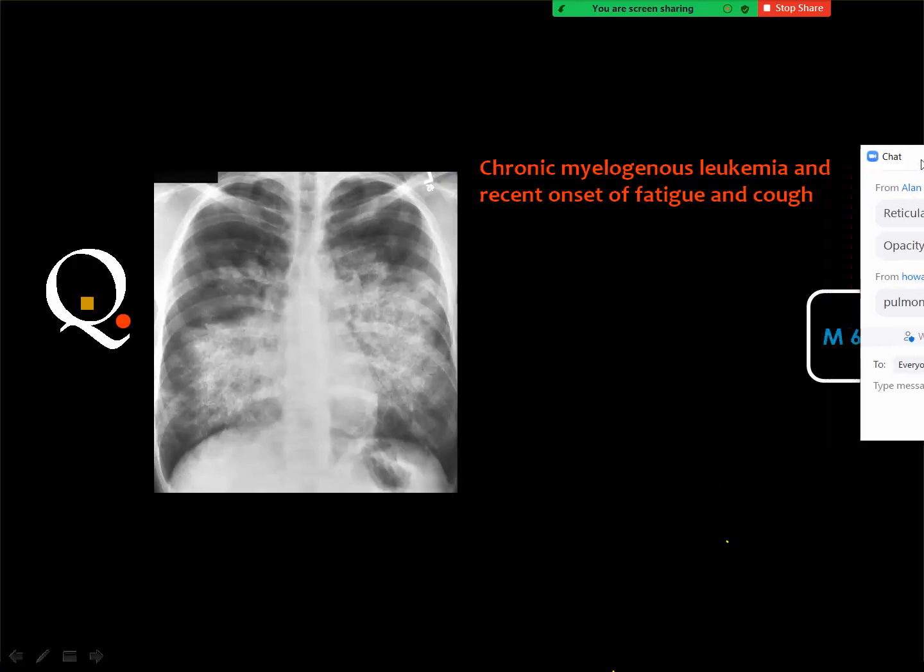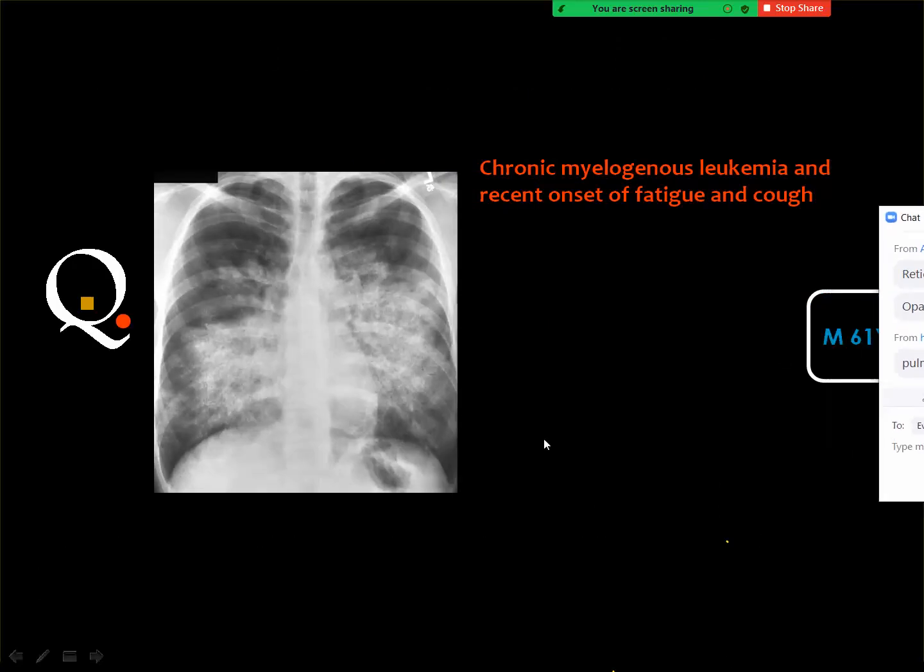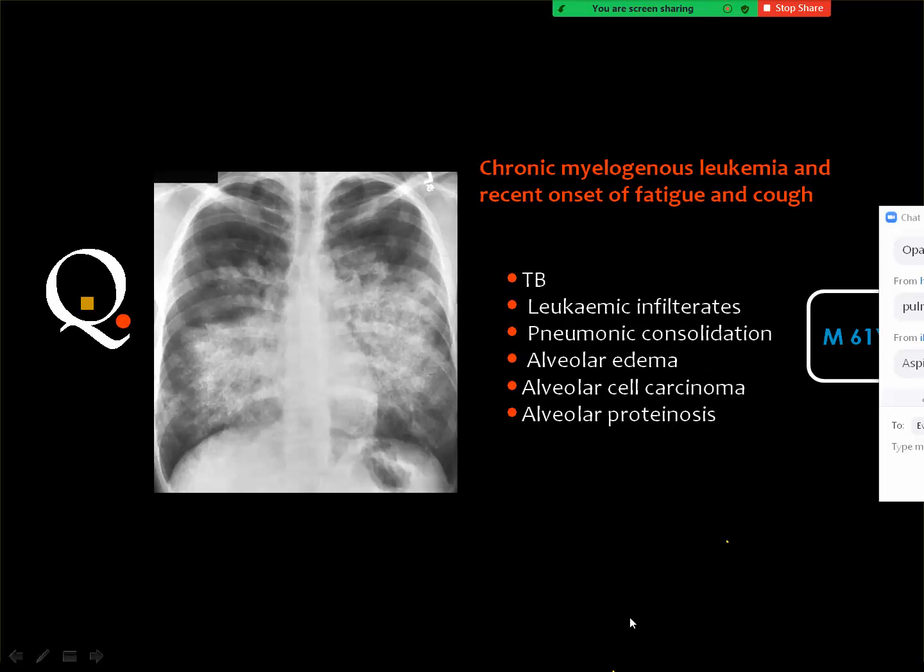Then we have this case of a male patient, 61 years old, with chronic myelogenous leukemia and recent onset of fatigue and cough. And I may give you some of the diagnostic possibilities. Here are the diagnostic possibilities.